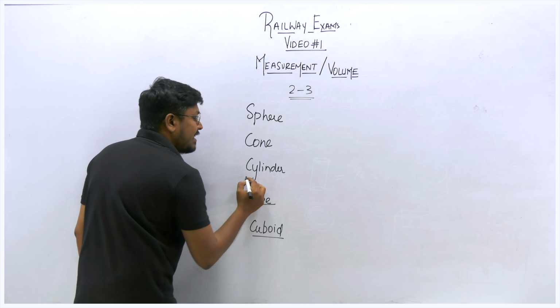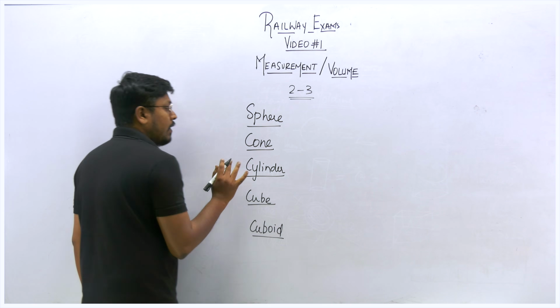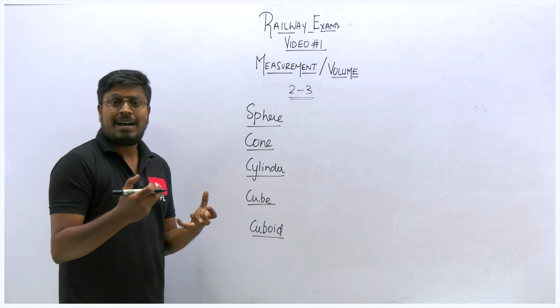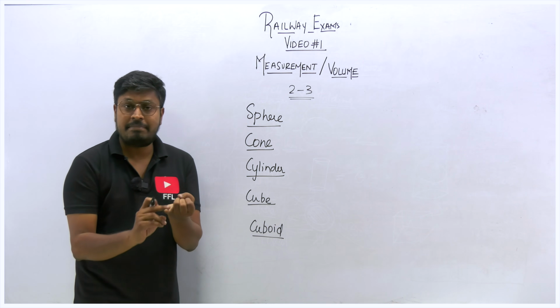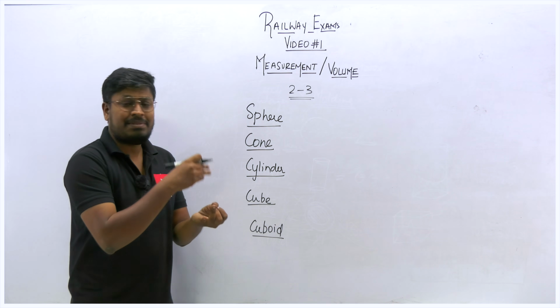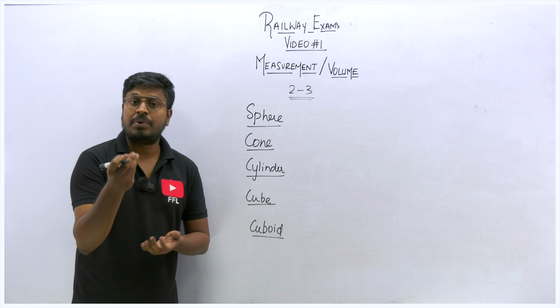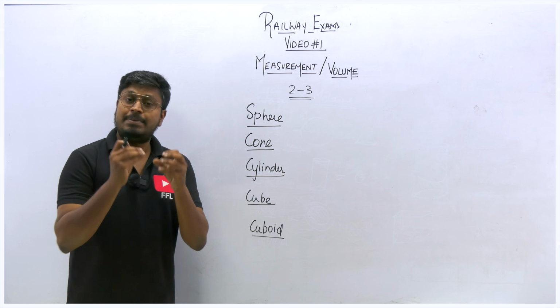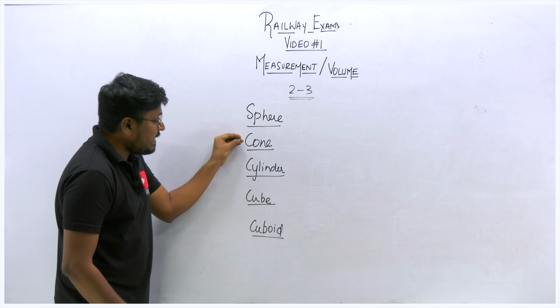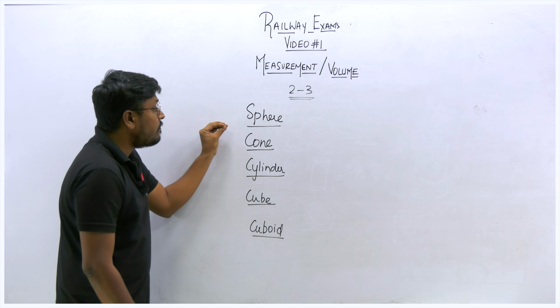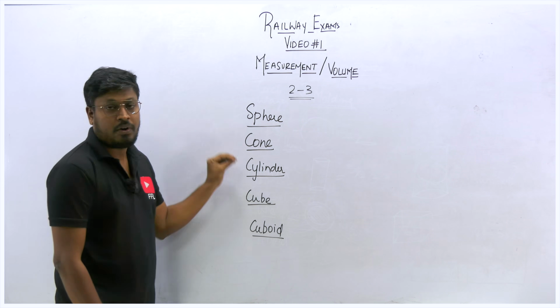If you study formulas only for these, it is enough. They didn't ask any question based on pyramid or frustum of cone, so we can't see questions from those areas on the railway exam. So it is better to learn only these 3-dimensional shapes, and don't forget to learn each and every formula here.